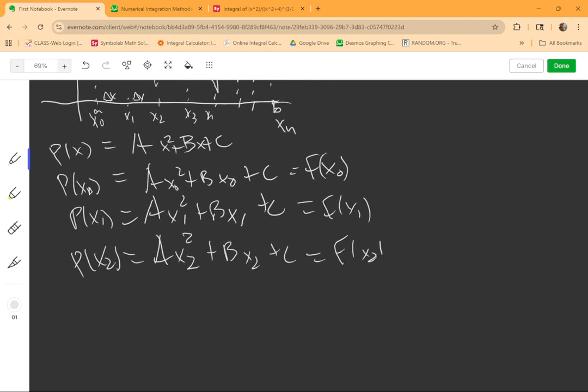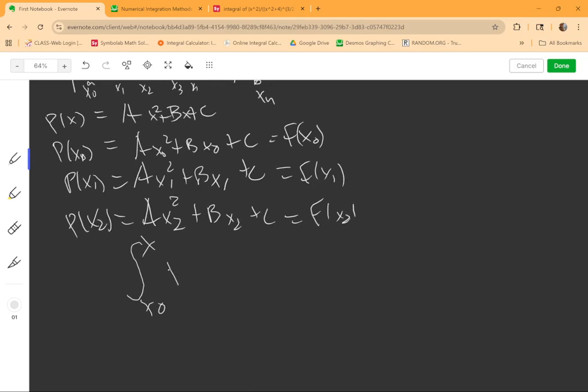So manipulating this algebraically and solving for a, b, and c in terms of x0, x1, and x2, we're able to evaluate this integral, the integral from x0 to x2 of f of x. Hold on, getting a little sloppy here.